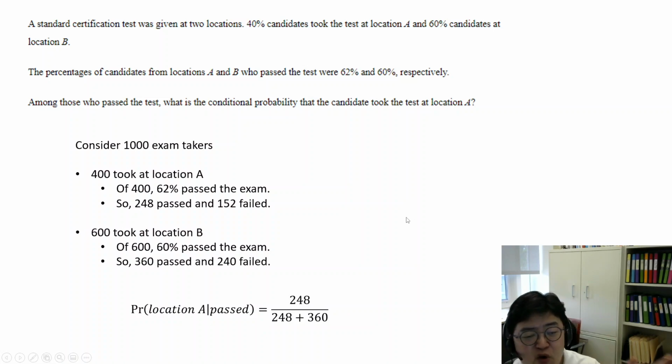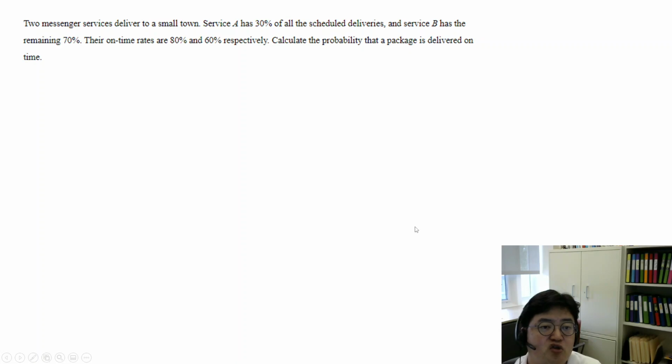So I'm going to repeat the same structure in the following questions. Two messenger services deliver to a small town. Service A has 30% of all the scheduled deliveries, and B has the other 70%. Their on-time rates are 80% and 60%.